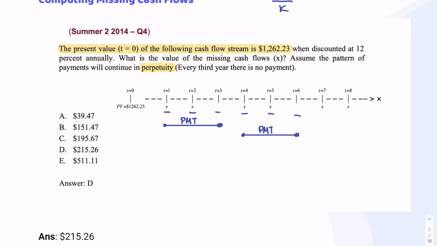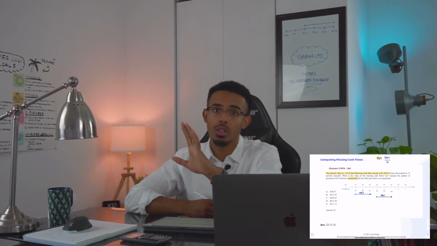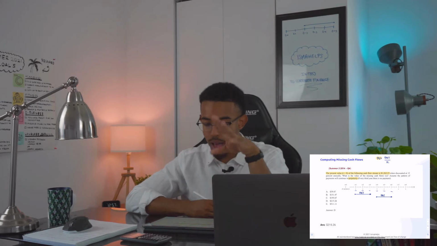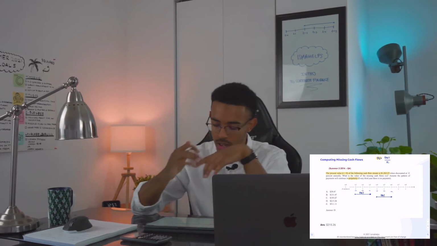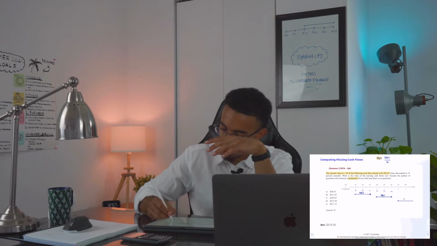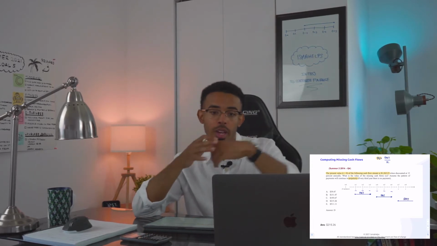The reason why we're able to do this is because we know that this pattern will be the same forever. That's why I decided to group x plus 0 as one singular payment. And we do the same thing right here. All right? Now, obviously, we're assuming that it continues in perpetuity. So now we have 3 different payments, okay?